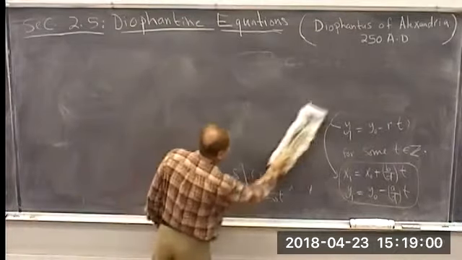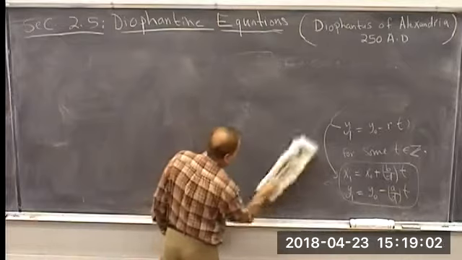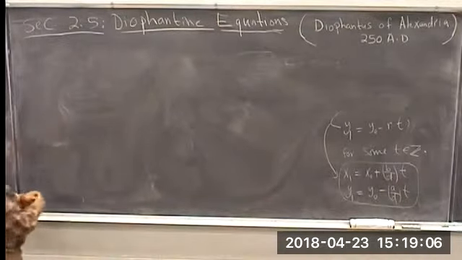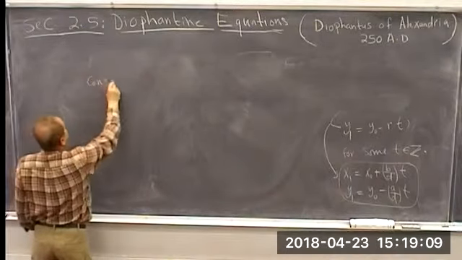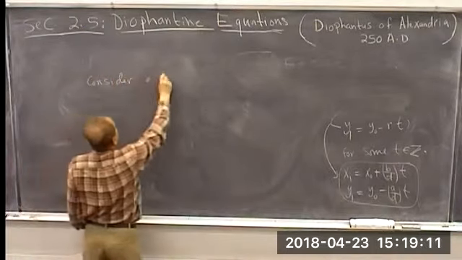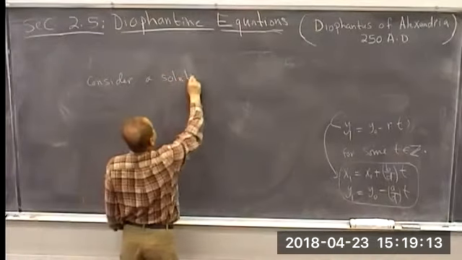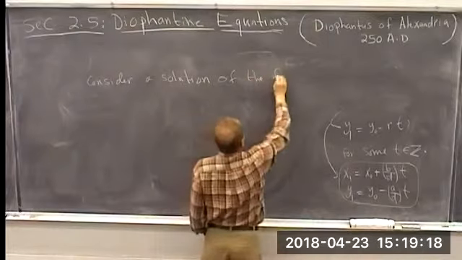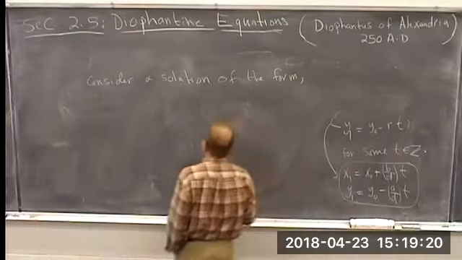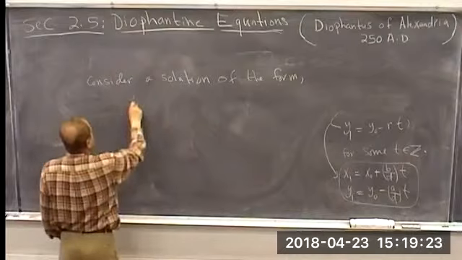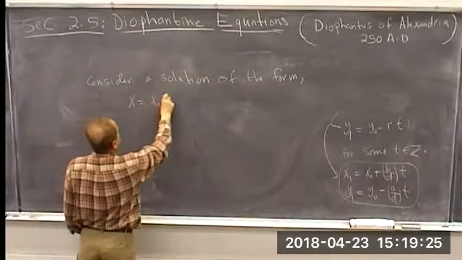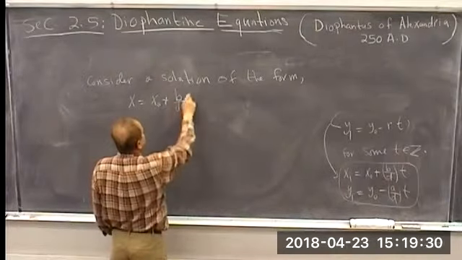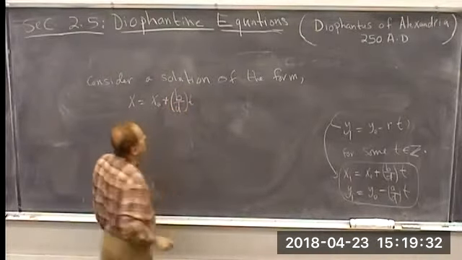Now let's assume, in other words, we have these values. Consider a solution of this form: x is equal to x sub 0 plus b over d t, for a different value of t.